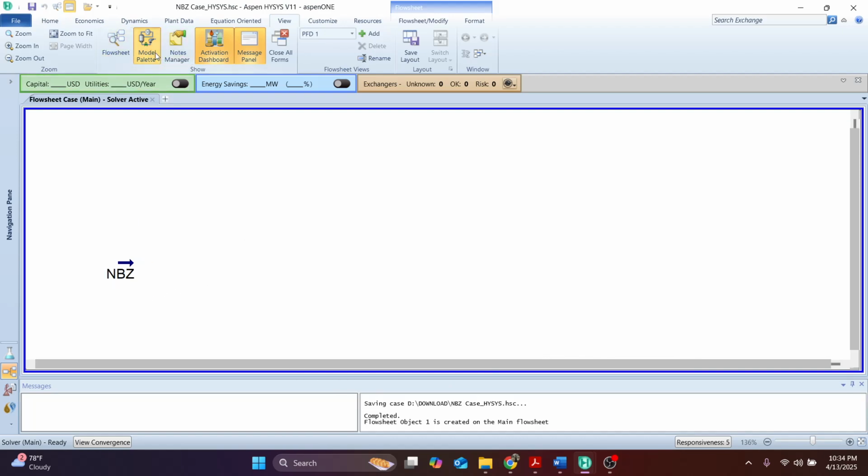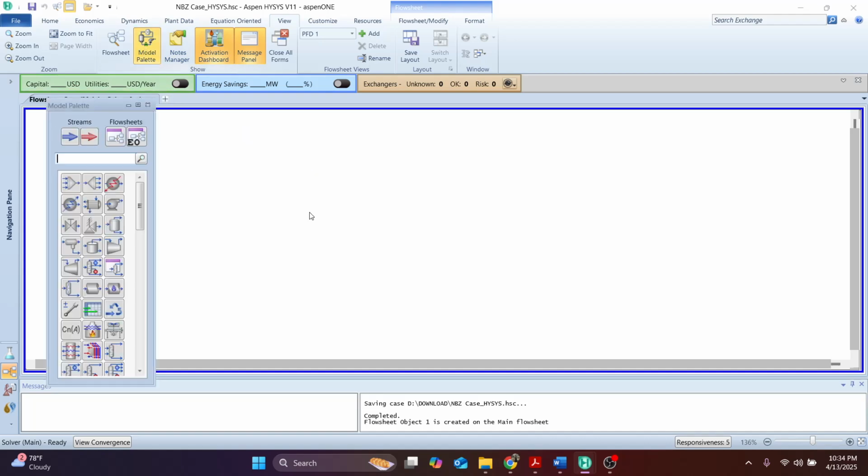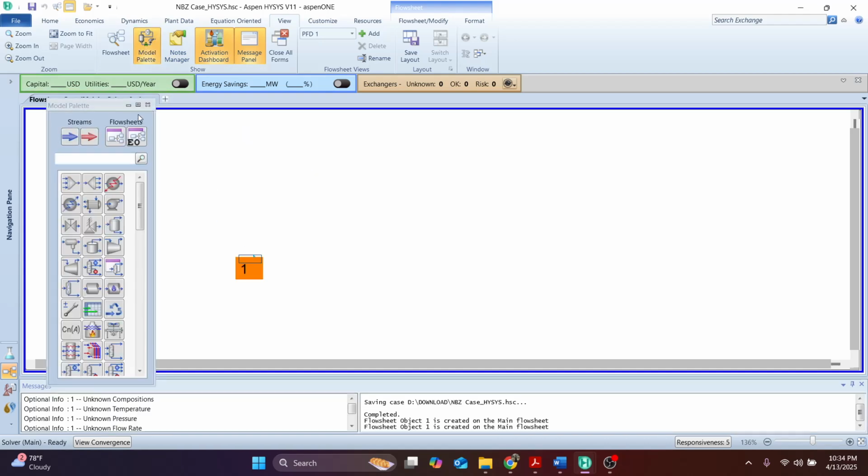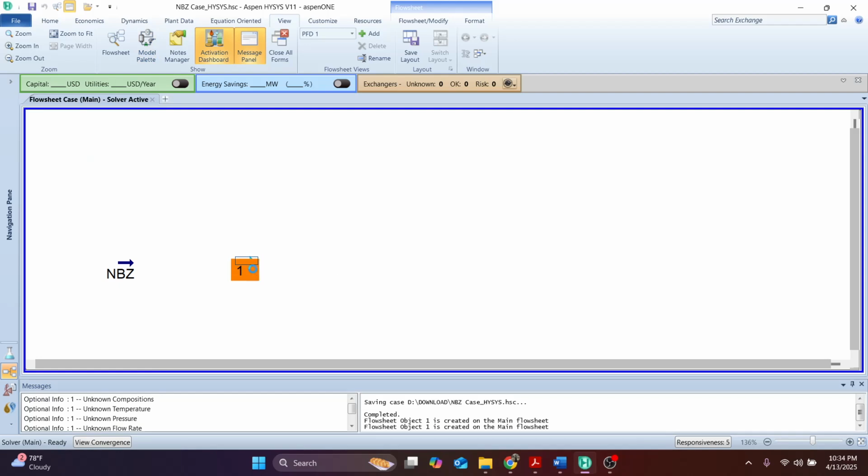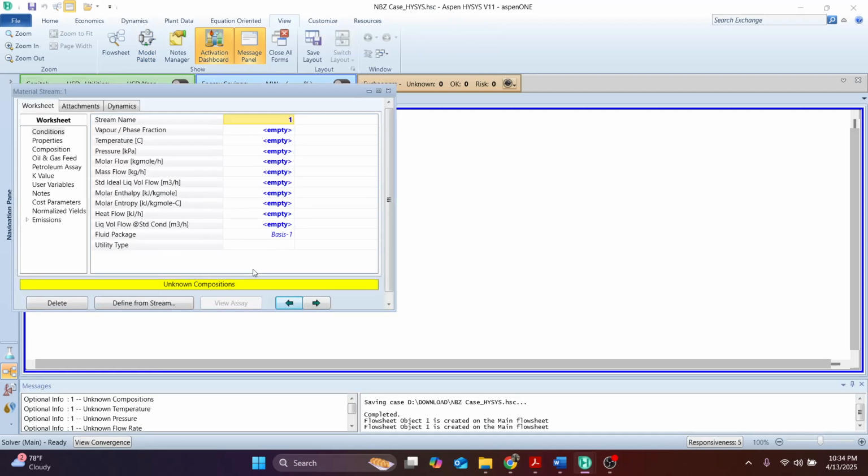Now we're just going to put in another material stream, which is the hydrogen, H2. Same 24, 100.3.